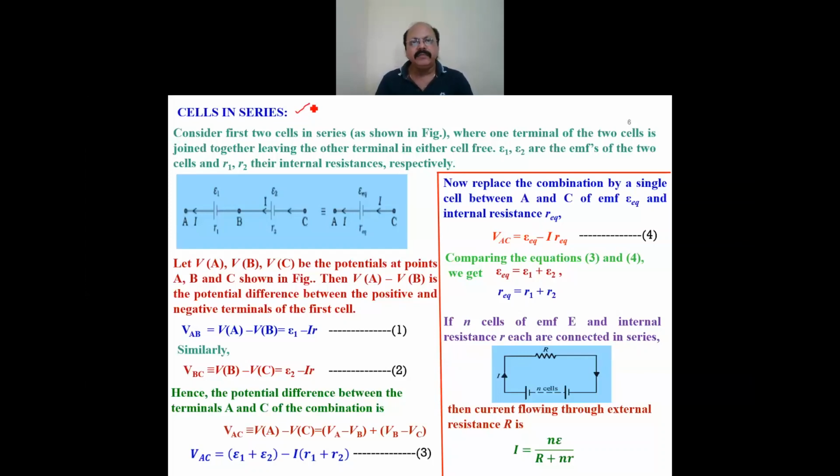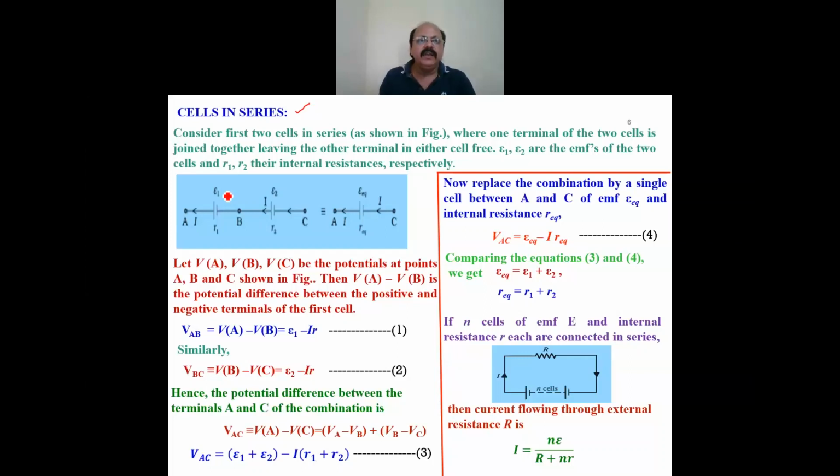I just remind you, in capacitors in series the charge is constant, that is the charge is the same, and in resistances the current is constant, that is the current through each resistance is the same. In the same way here in cells the current is constant, and we have to connect the cells in such a way that the positive terminal of one cell is connected to the negative terminal of another cell, then they are said to be connected in series.